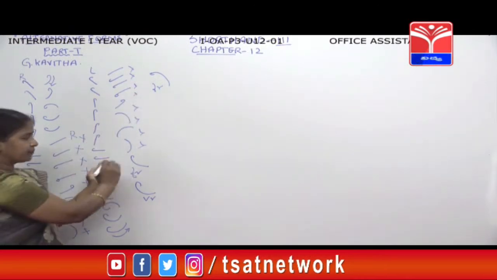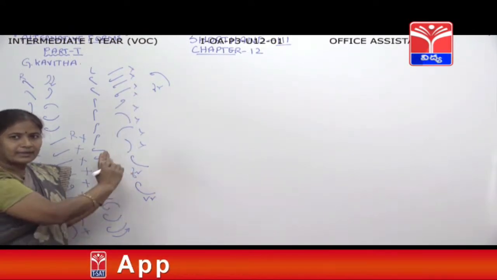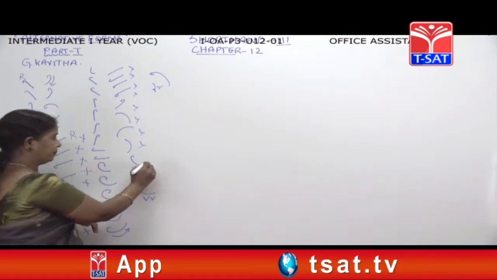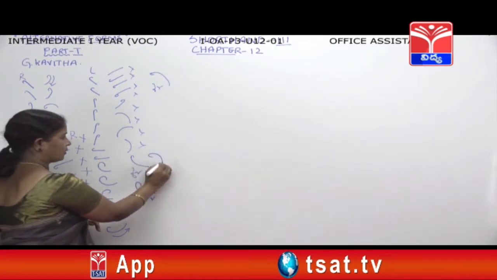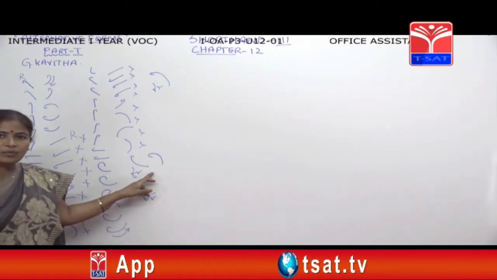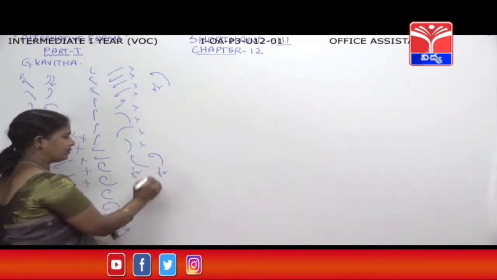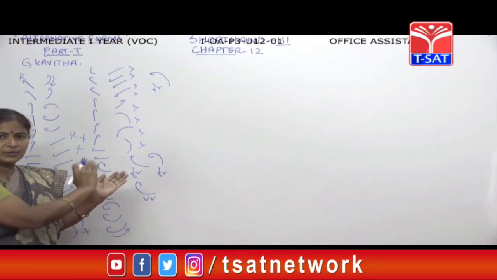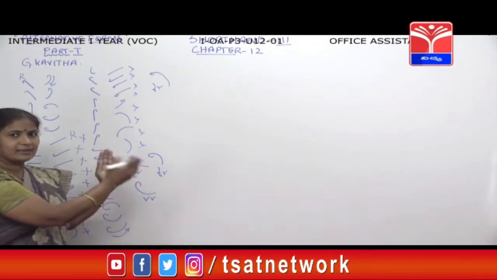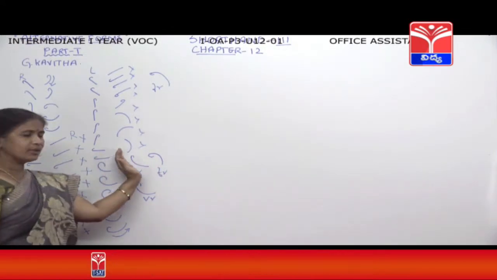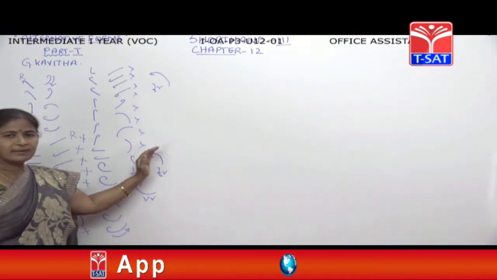Now this is fur, this is the left form, and we even have right forms. This is one form of fur. Same small hook, but it is written towards the right side. This is called left fur. This is called right fur.